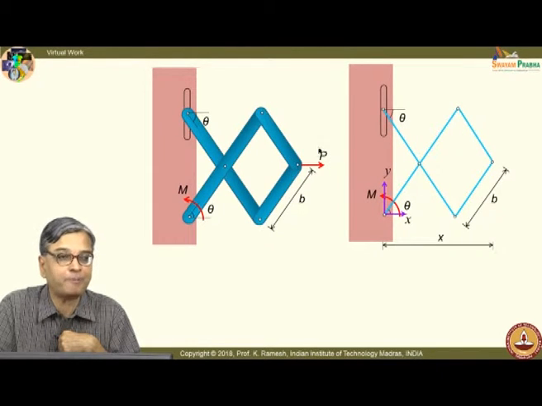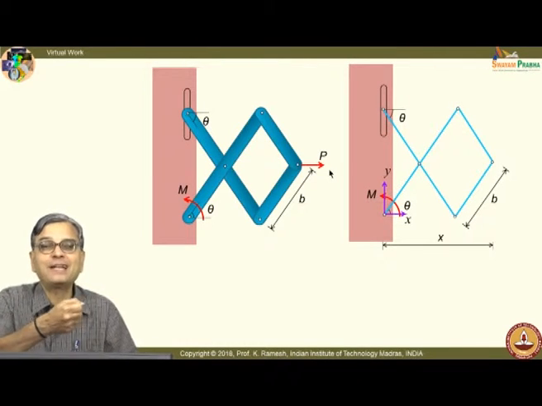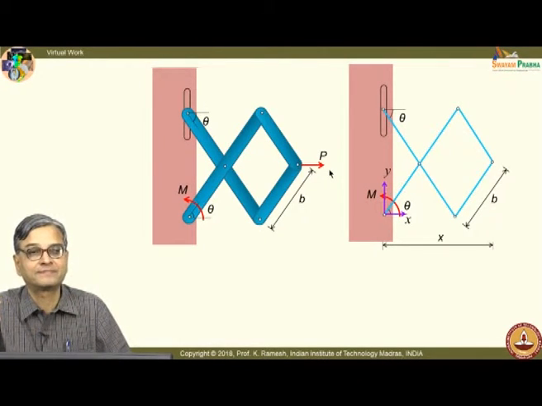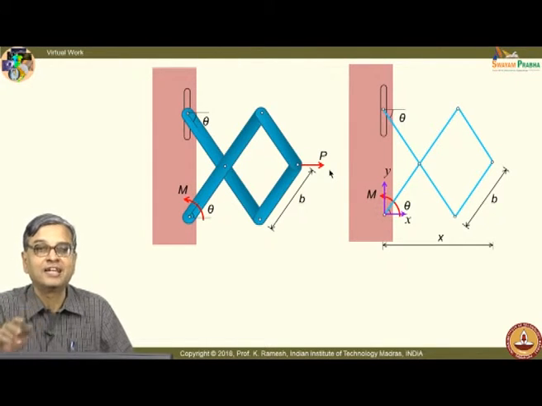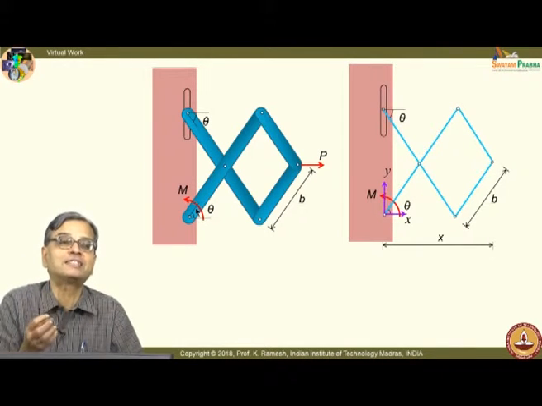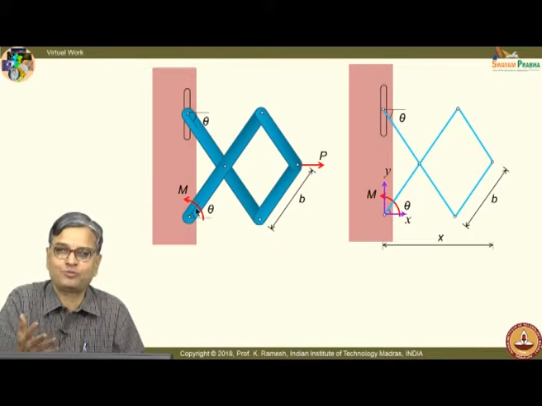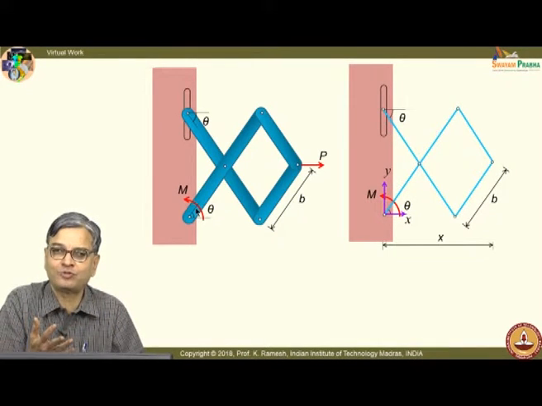If I give it for P, recognize what way M will get displaced. And when I look with P, it is natural I expect virtual displacement in the direction of P. Is the idea clear? On the other hand, if I look at M as a reference, it is natural for me to visualize in the direction of M. This is what people will do, easy for you to do that.